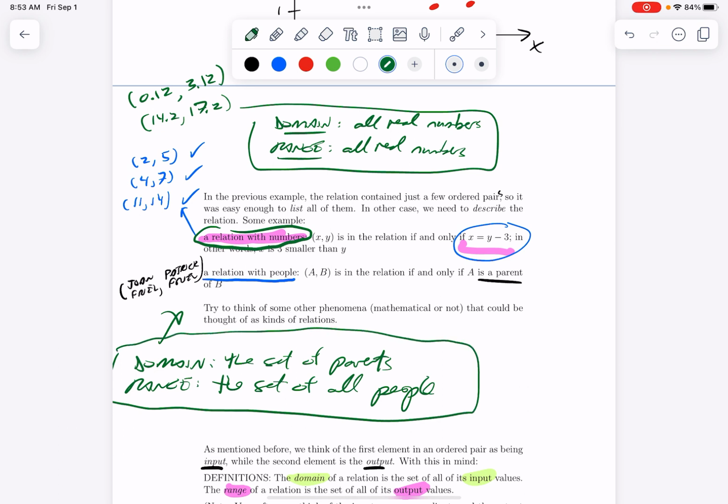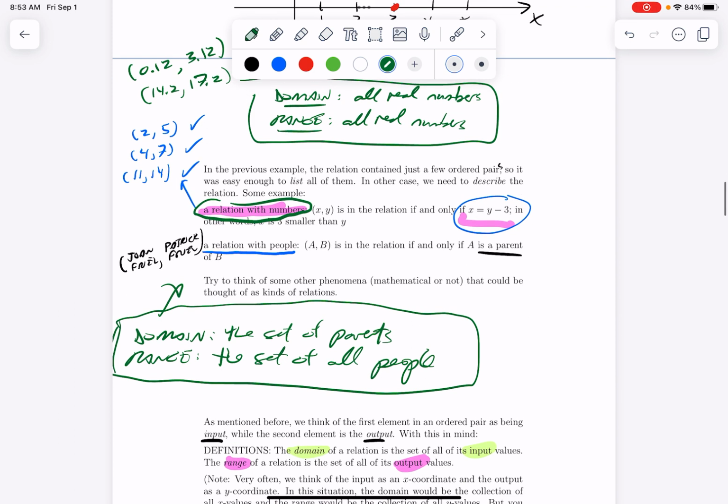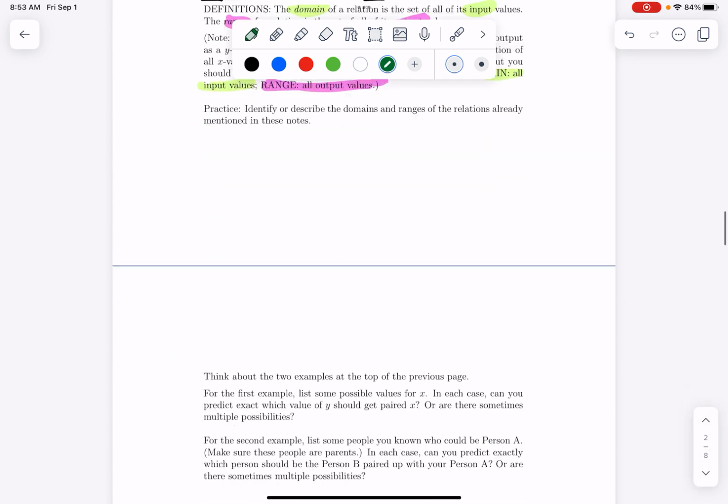Some people, their parents are deceased, but let's just say that we're counting deceased people as well. So, domain is all of the things that come first, all of the input values. Range is all of the things that come second, all of the output values.